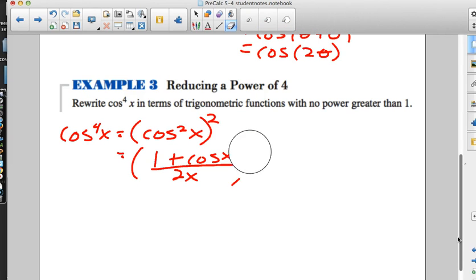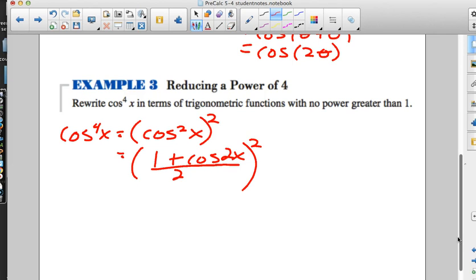Put my x in the wrong spot, is what I did. That's better. We have to still work with the fourth power. This is just replacing cosine squared x because that's what the formula gives us. And now we have to square it so we keep that fourth power. Can't lose the fourth power.